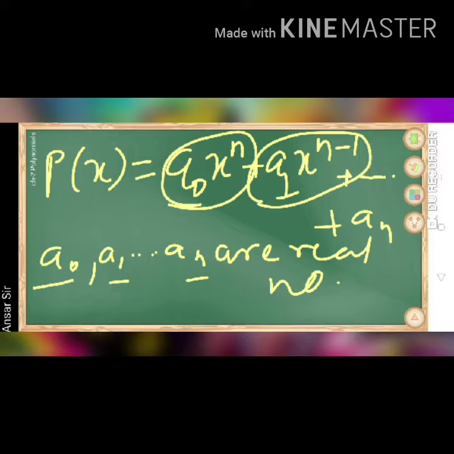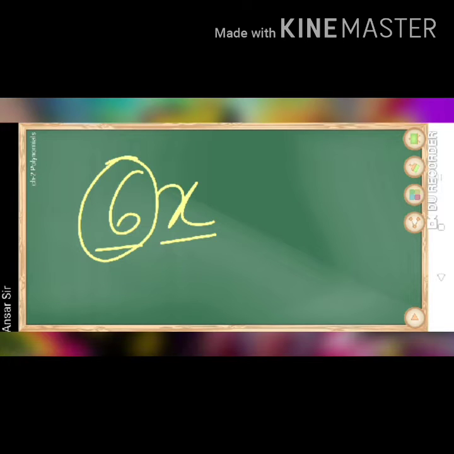Whatever number is multiplied with a variable is the coefficient of that term. So here 6 is the coefficient.